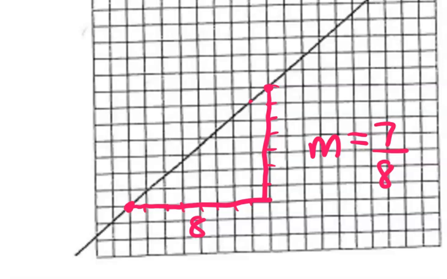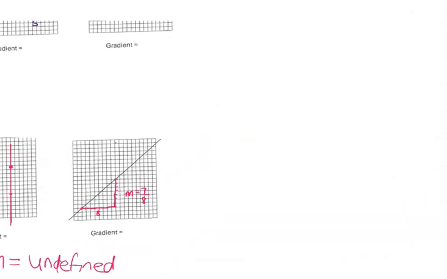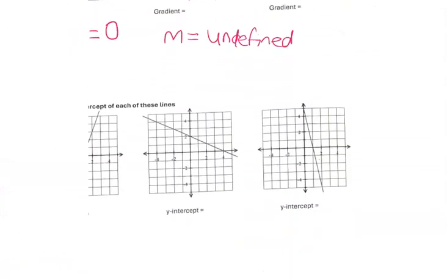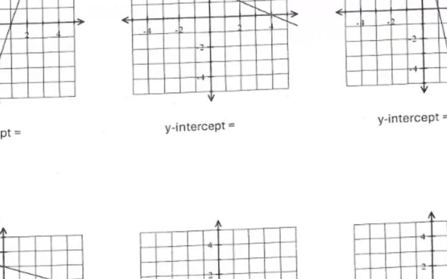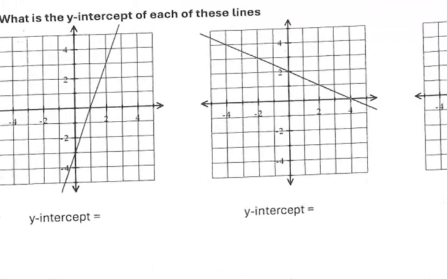Let's just check that we're happy. Yep, that looks good. Okay, so now we're going to do the next thing, which is actually easier, the y-intercept. We have to find the y-intercept of each of these lines. This time we've got graph axes put in here, and remember that we could find the coordinates of any of these points on the line.